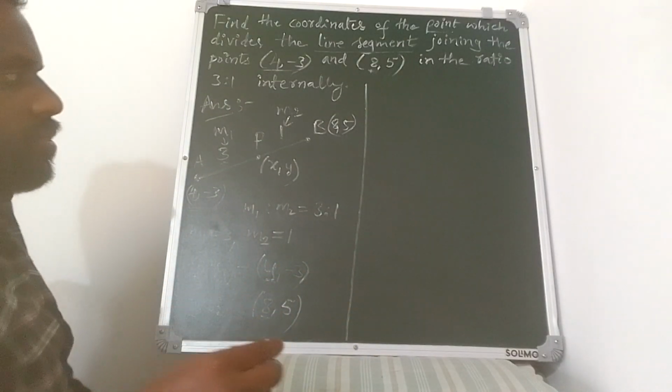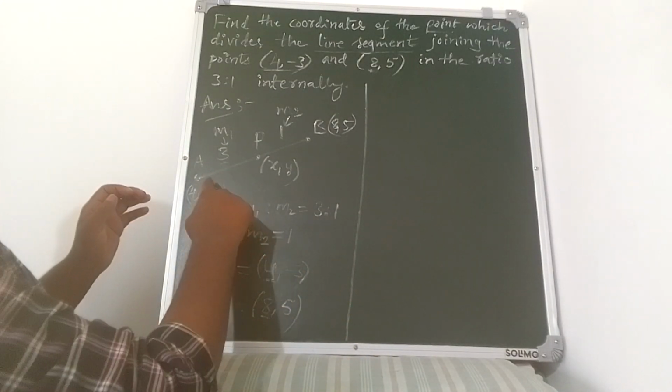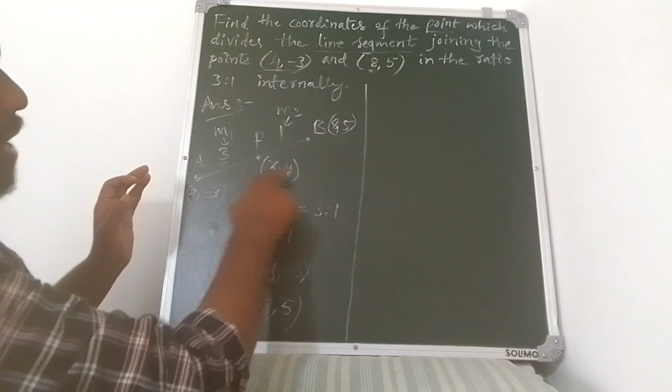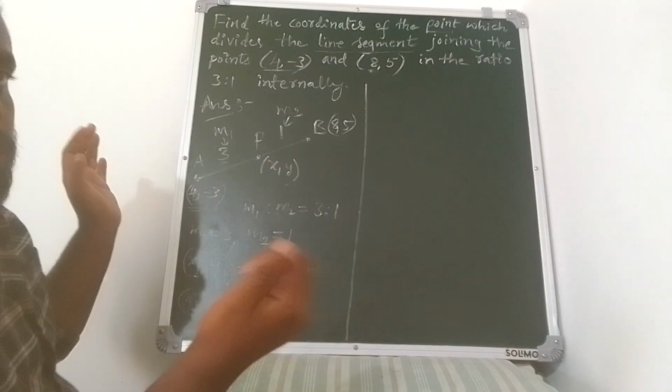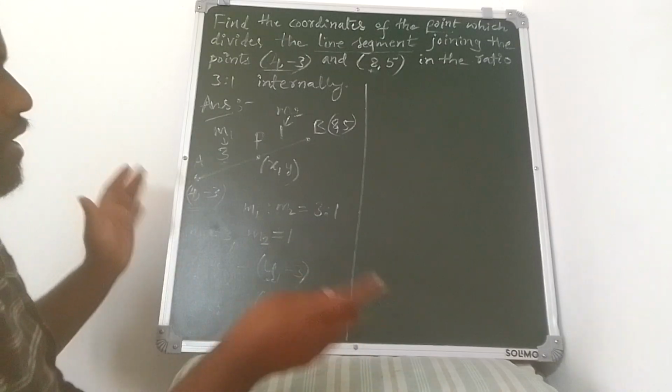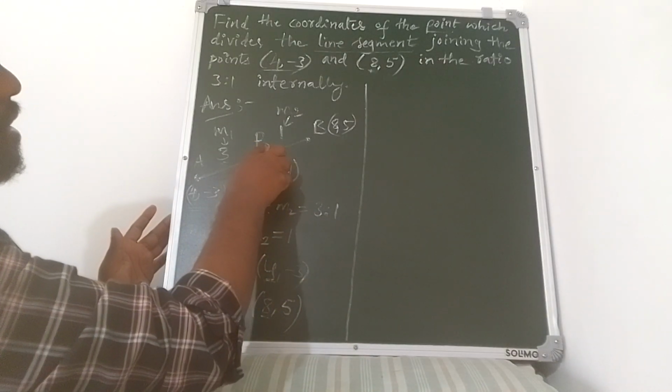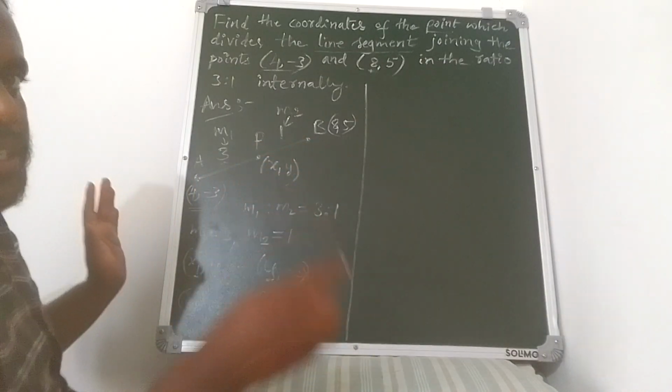Whenever you see this kind of diagram, it comes under the section formula. We will use the section formula for finding the coordinates of this point that is dividing the line segment internally.